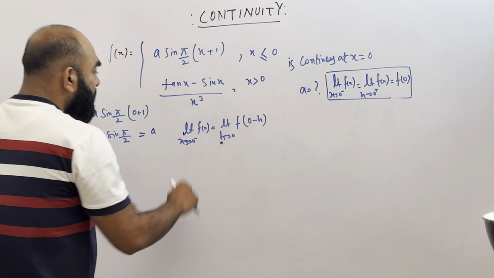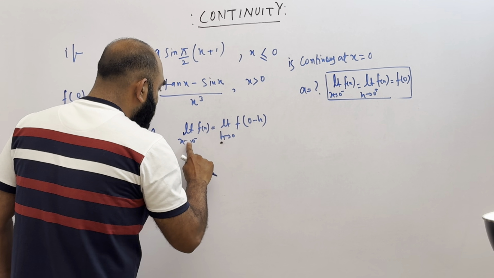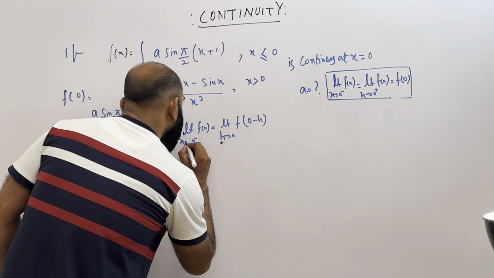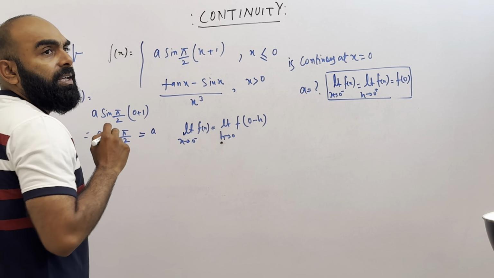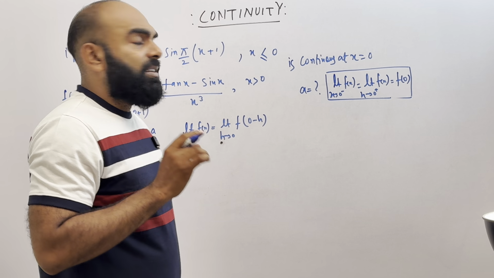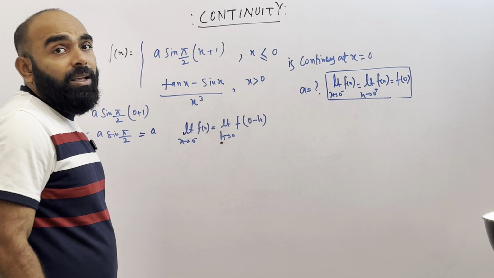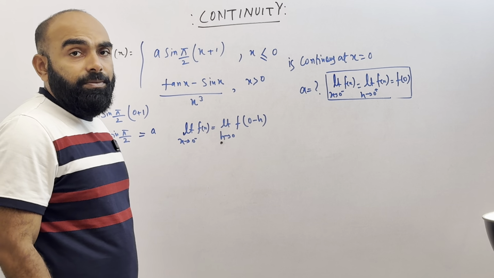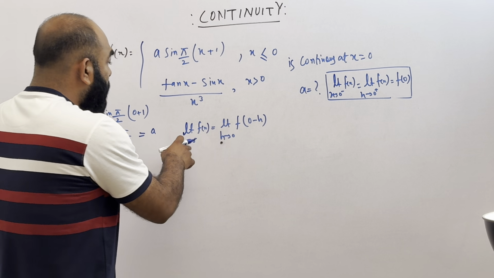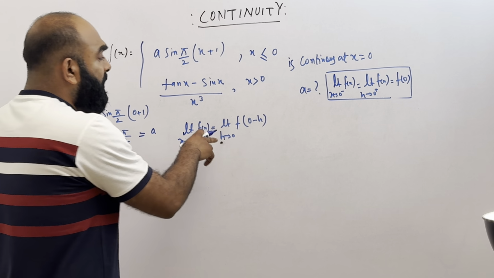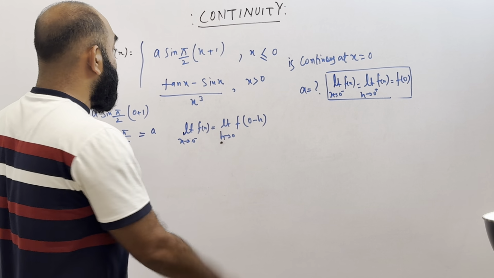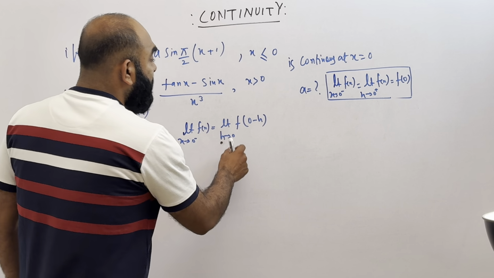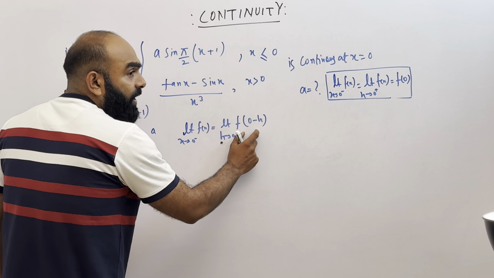And I think this question was asked in JEE Mains, I think 2021. Limit x tends to 0 minus f of x is equal to limit h tends to 0 f of 0 minus h.